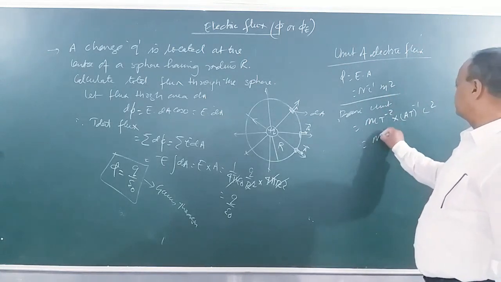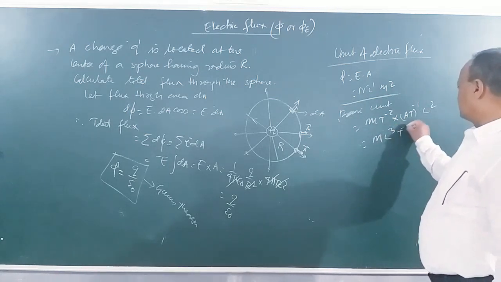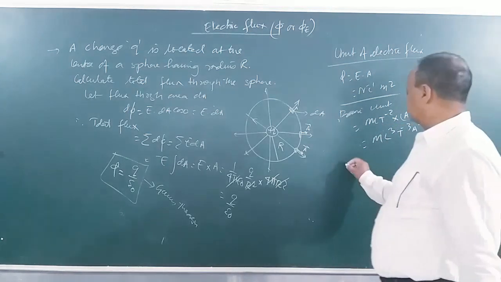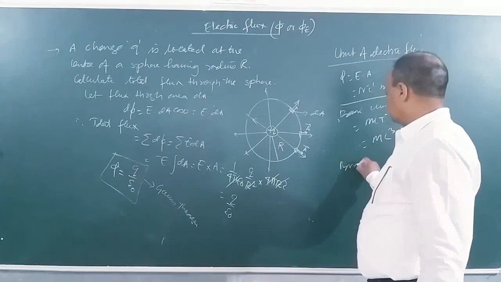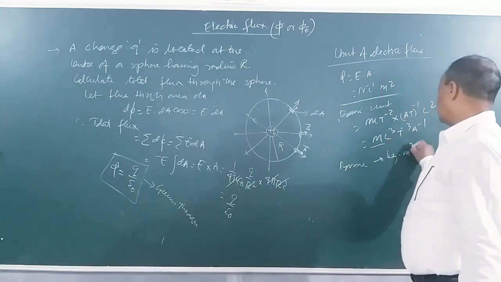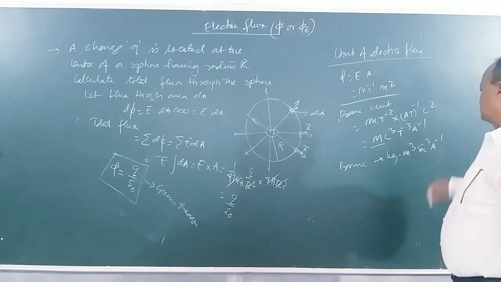So the basic unit will be kg meter cube per second cube per ampere.